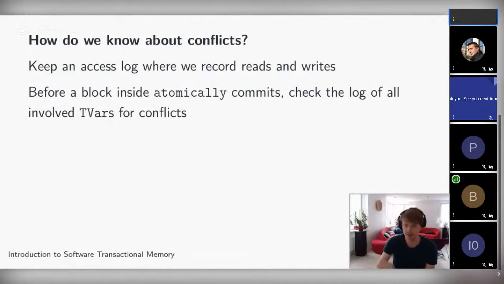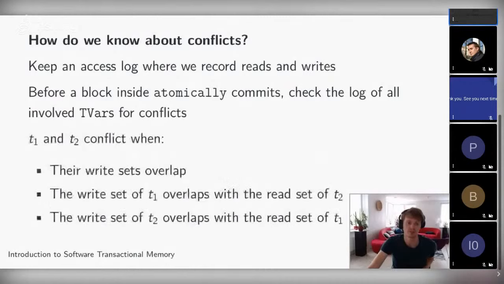During this atomically block, it just executes at will, and at the end, it checks whether the transactional variables involved were modified by any other threads. And if that's not the case, it can commit. And this access log thing, that's actually also how relational databases implement transactions. It's kind of a lot of parallels.